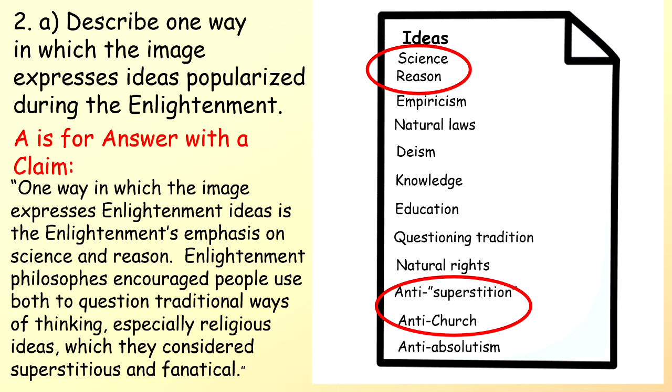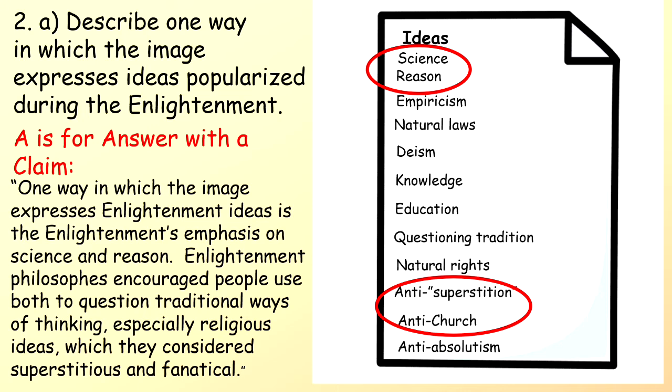One way in which the image expresses Enlightenment ideas is the Enlightenment's emphasis on science and reason. Enlightenment philosophers encouraged people to use both to question traditional ways of thinking, especially religious ideas, which they considered superstitious and fanatical. So that's part A in our ACE, but we need to keep going.